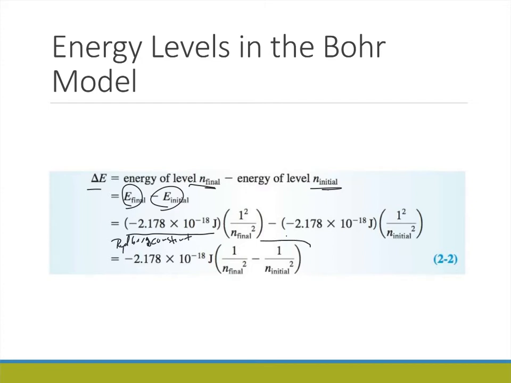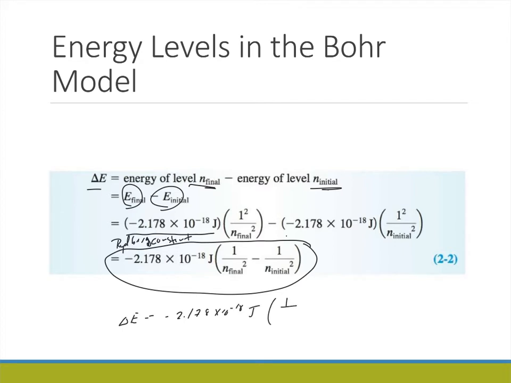Or we can collapse that down into a single equation. Delta E is equal to negative 2.178 times 10 to the minus 18th joules times 1 over n final squared minus 1 over n initial squared.